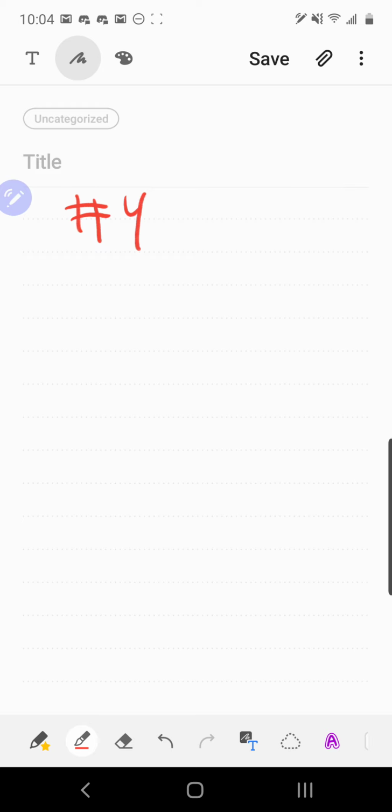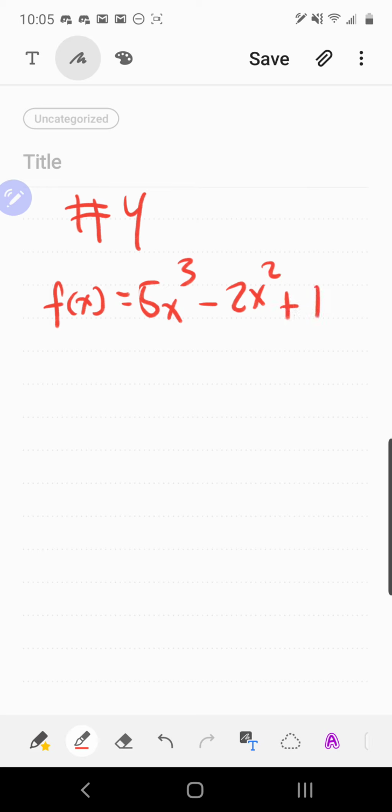What are the minimum and maximum values, respectively, of the equation f of x equals min and max of 5x cubed minus 2x squared plus 1 on the interval negative 2, 2.